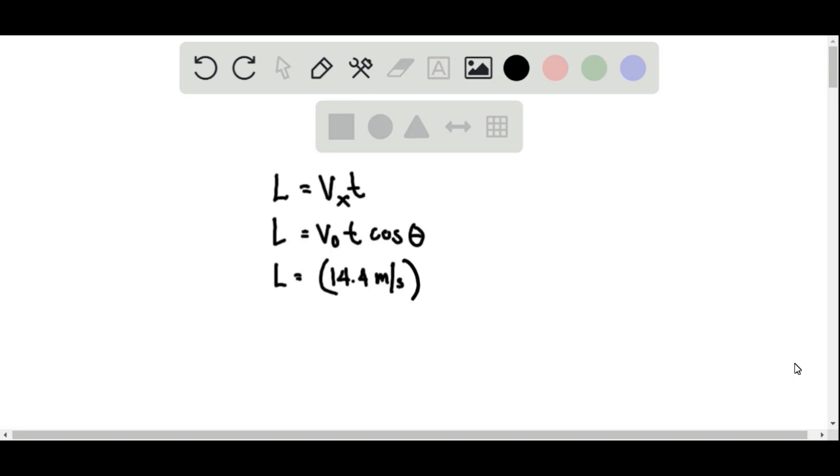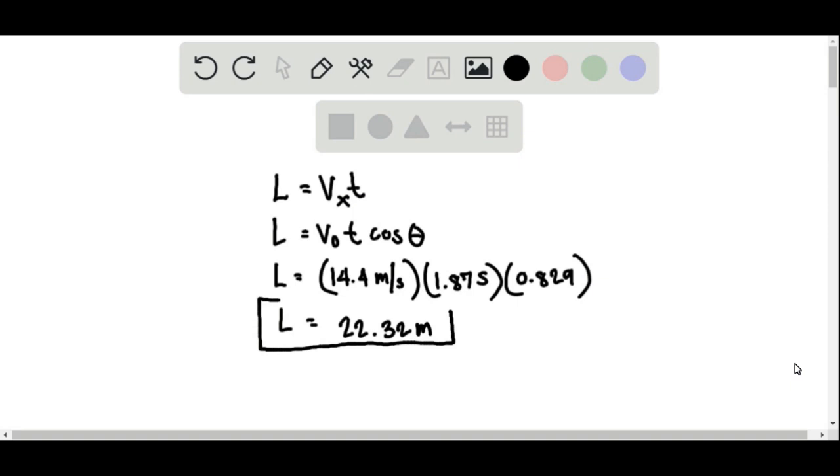So we have 14.4 meters per second multiplied by 1.87 seconds, and also multiplied by 0.829. Plugging this into your calculators, we get 22.32. Remember, because it's distance, that is in meters.